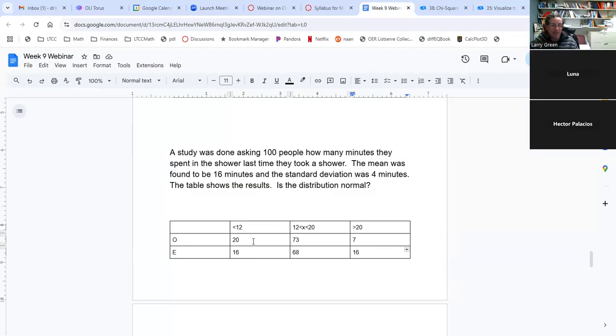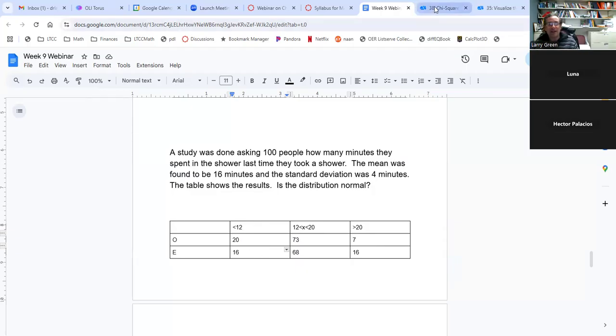And then we have the observed, we have the showering, and we don't know if time in the shower is normally distributed. I actually have no clue. And I do want to make a confession: I did make these numbers up, 20, 73, and 7, because I didn't want to survey 100 people, but I can imagine doing it. Any questions on why this is a goodness of fit test?